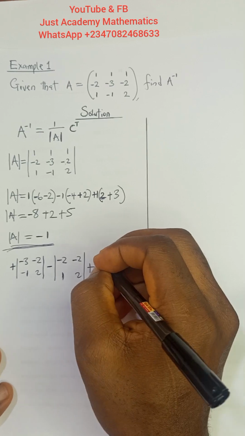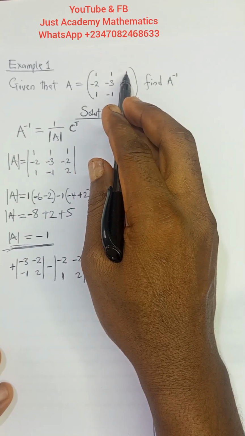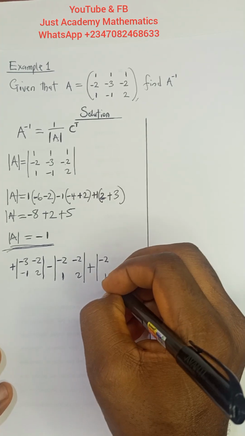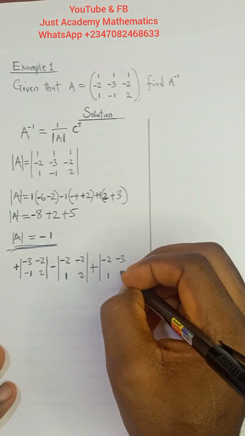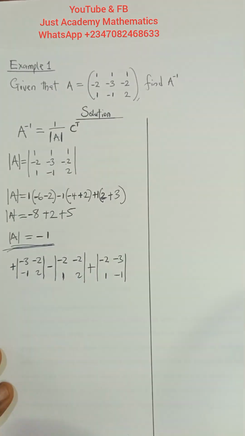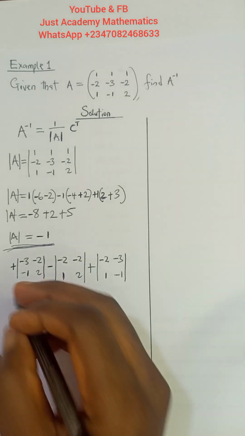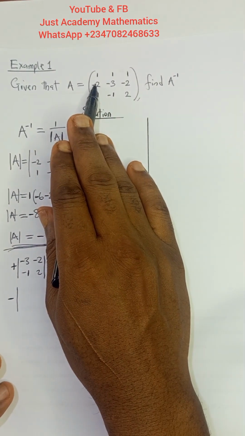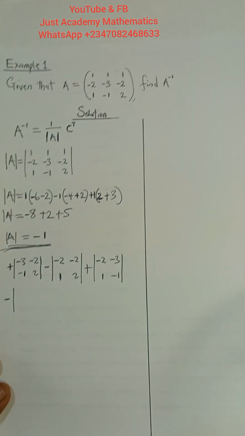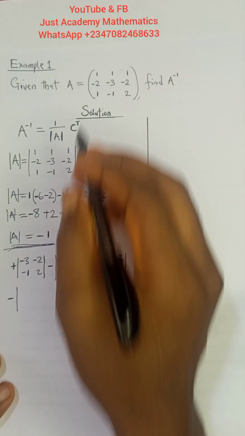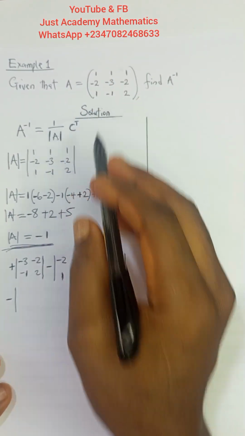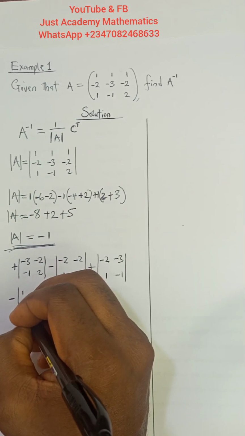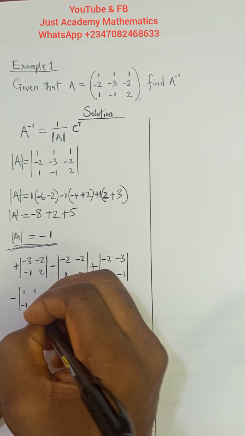And here is plus again. We go with here plus, out. We are left with -2, 1, -3, -1. So plus, minus, plus. The next one is minus. So we'll go with here. Here is out. So we are left with 1, -1, and 1, 2.